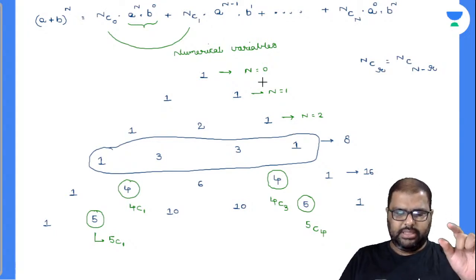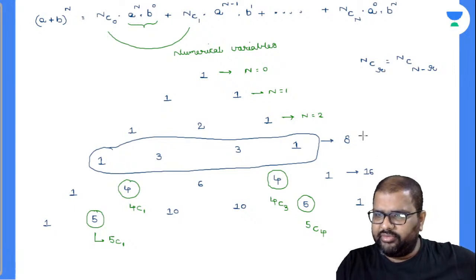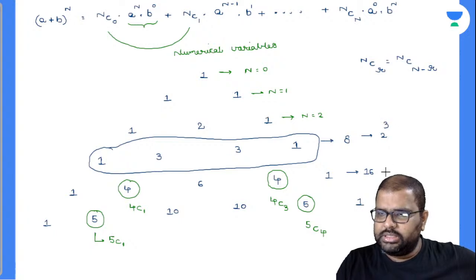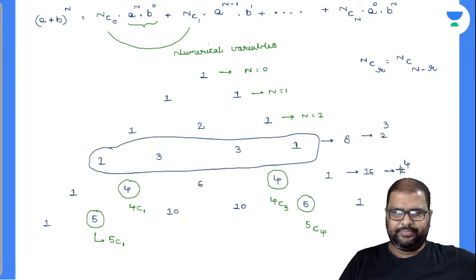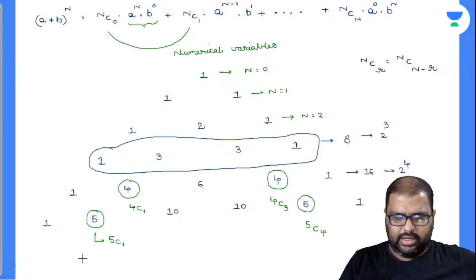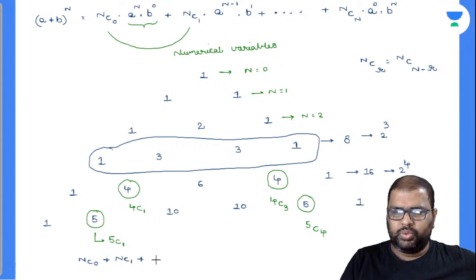Now closely observe that when you add each and every row, they are in the format of 2 to the power of n. This is 2 cube. This is 2 to the power of 4, then the power of 5, 6, 7, 8. All these things are existing. So by this, what can I write down? NC0 plus NC1 plus NC2, and so on.